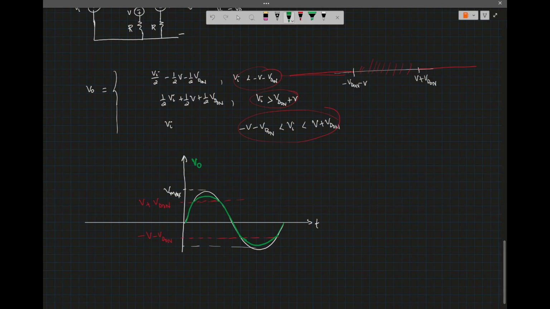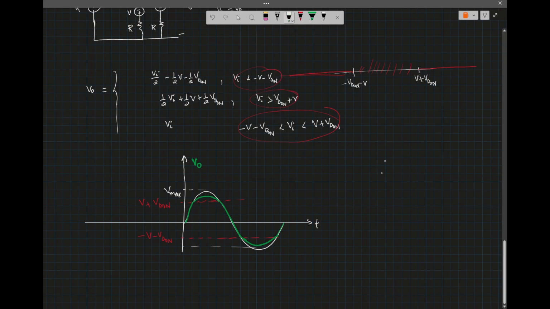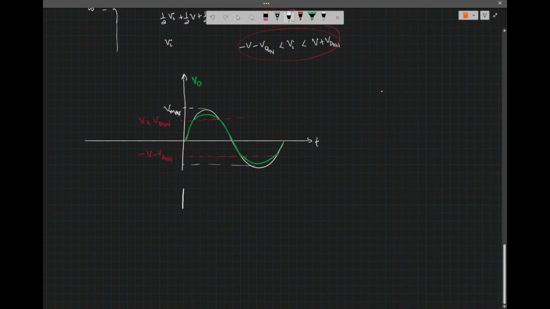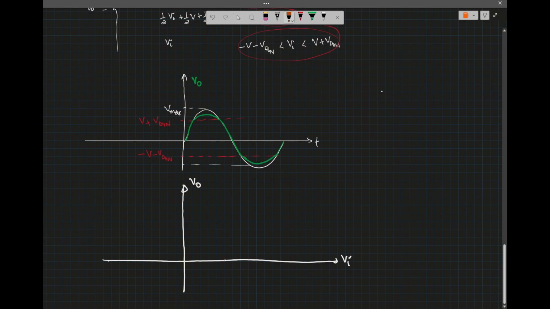Now let's sketch the transfer characteristic. The transfer characteristic will be given by this. We put our output voltage there, the input voltage here. Now, we have V plus VD on and minus V minus VD on.